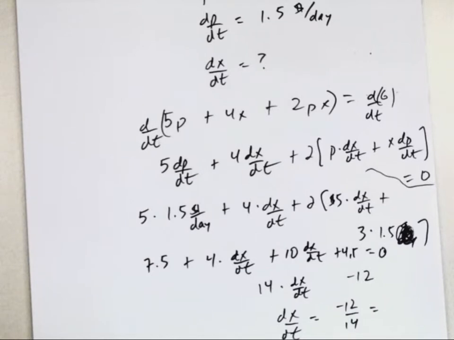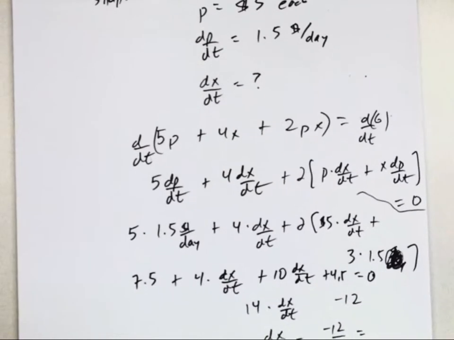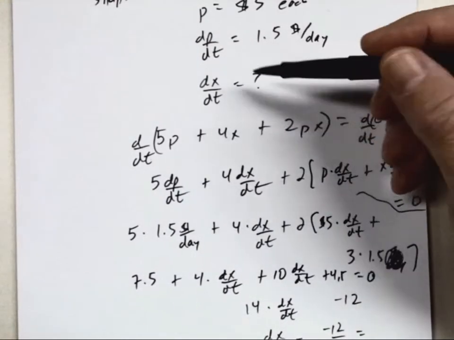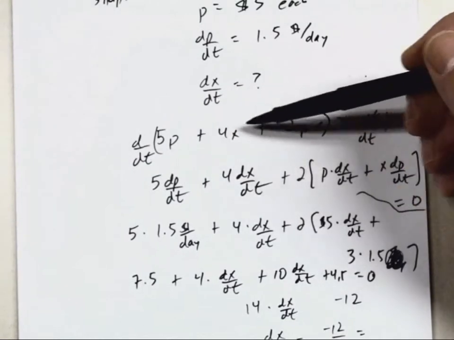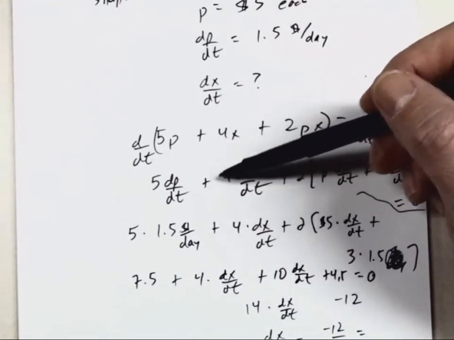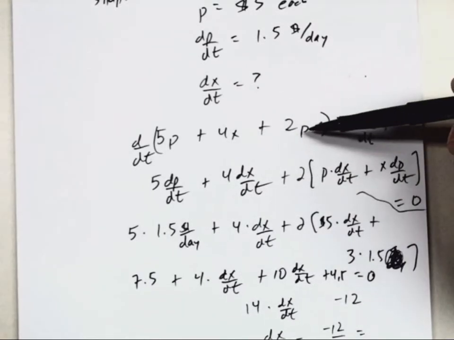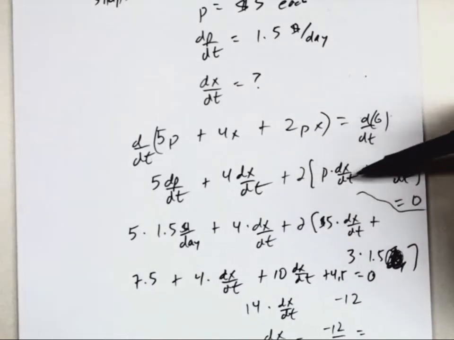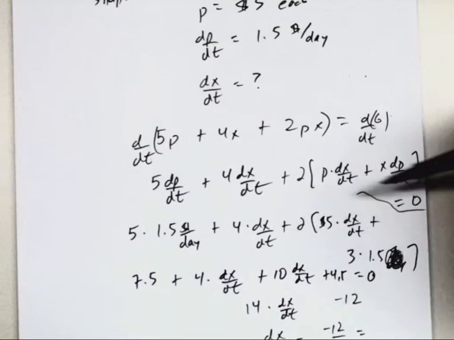Now let me look, because I have the answer here and I don't see it. So this is typical. You may have seen my math error. Let me trace it back here, make sure I wrote the equation out correctly. Derivative of both sides, 5 dp/dt plus 4 dx/dt. Product rule, 2 times p dx/dt plus x dp/dt.